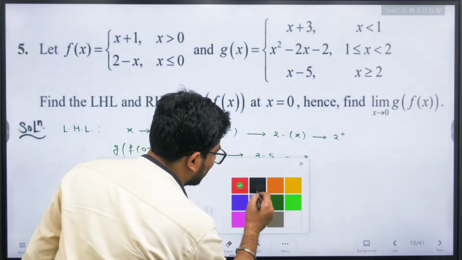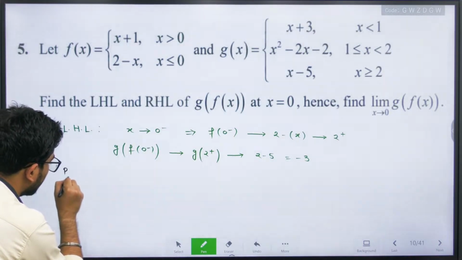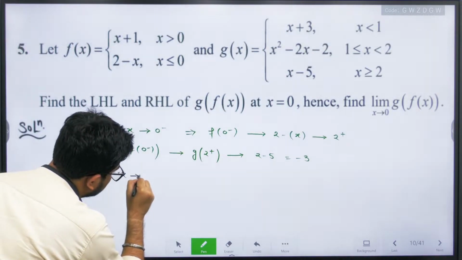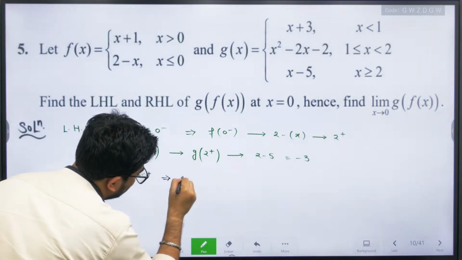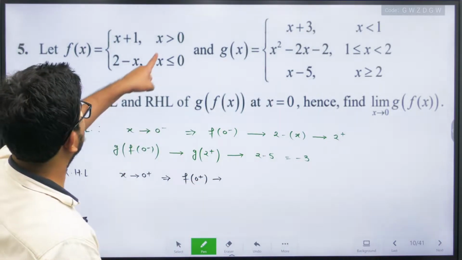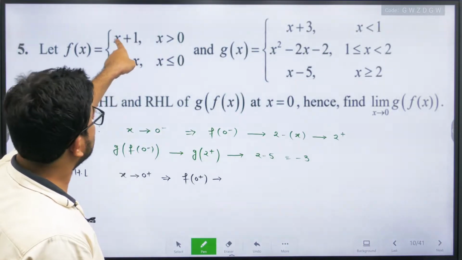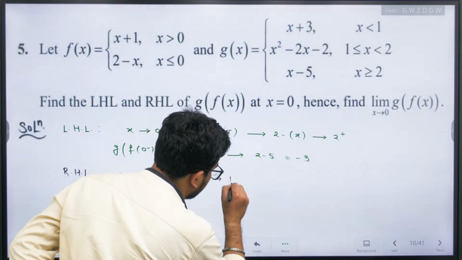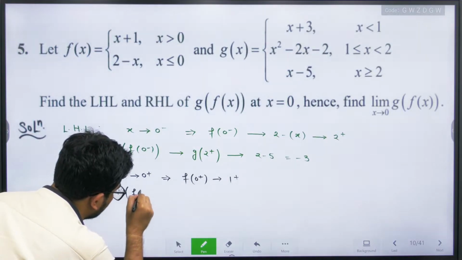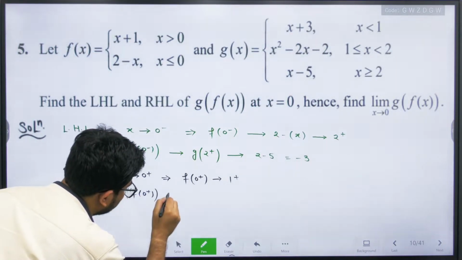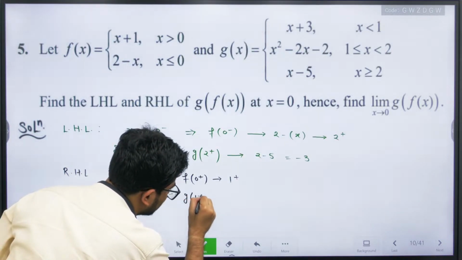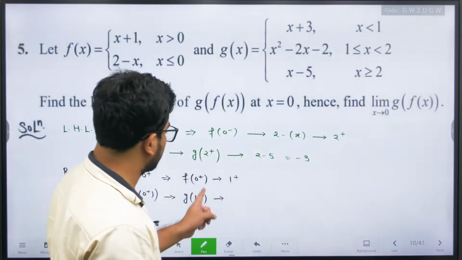Similarly, you can calculate the right hand limit, x tends to 0 plus. So from here f 0 plus tends to 0 plus 1, which means 1 plus. Now g of f 0 plus tends to g of 1 plus.